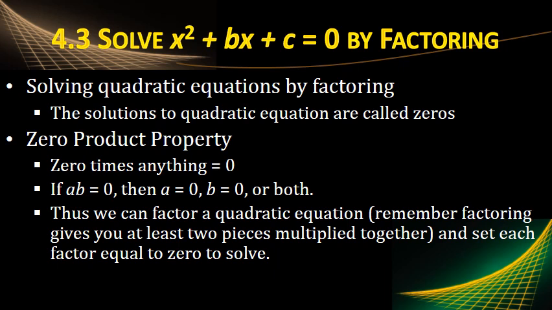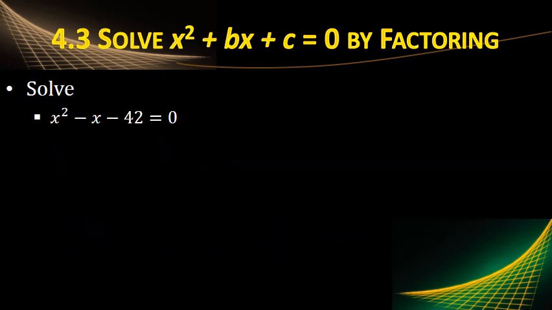So what we're going to do is factor our quadratic equation. That gives us two pieces that are multiplied together, and we take each of those and make them equal to 0. So here's our first one to solve. It equals 0, so now let's factor.